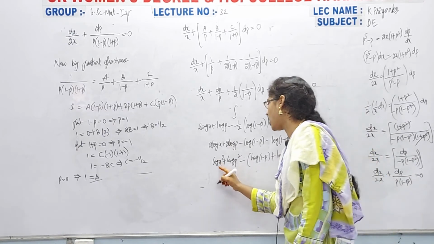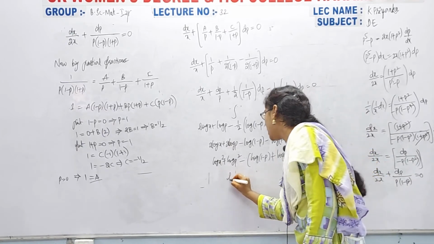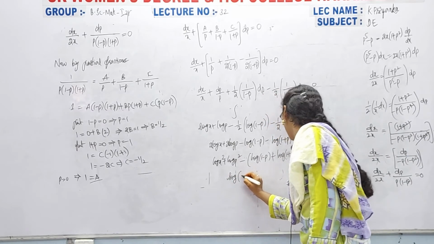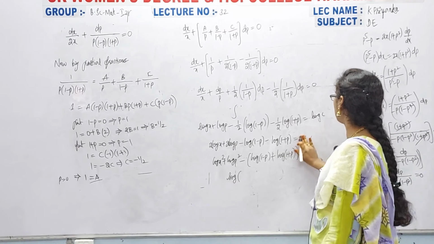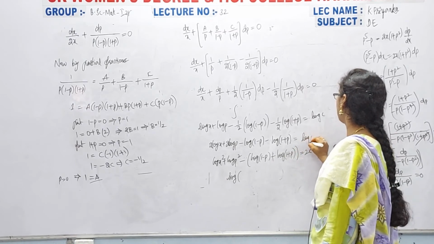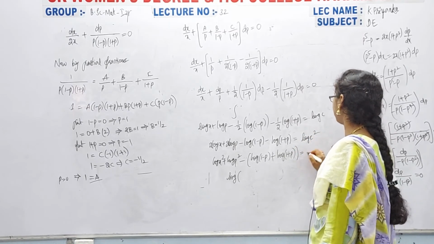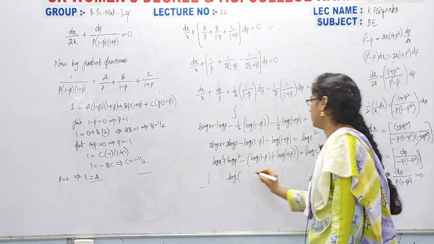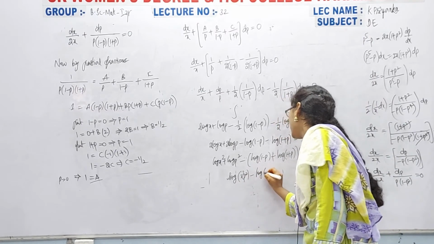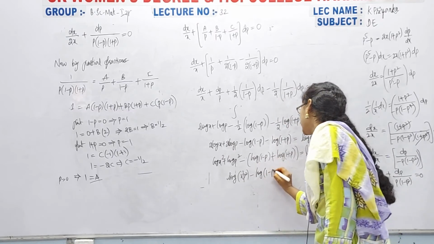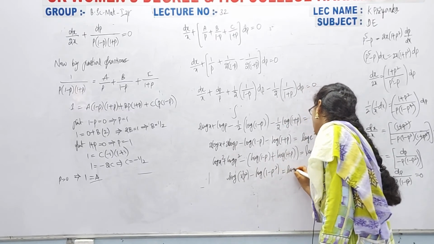Now simply log a plus log b is log ab, and we can write 2C as nothing but log c square. Now log x square p square minus log of a into b, so 1 minus p square, equal to log c square.